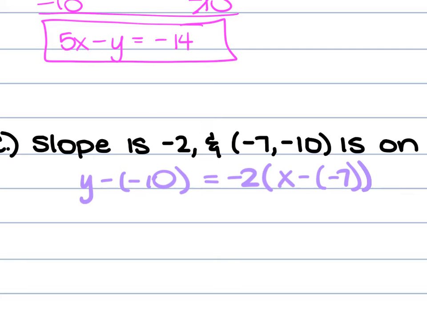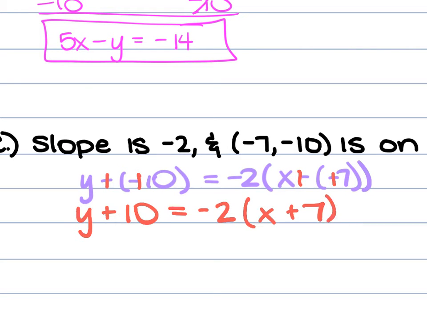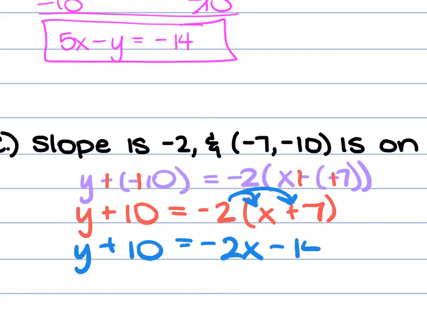So we are going to distribute those negatives. y plus 10 is equal to negative 2 times x plus 7. Distribute the negative 2. We have y plus 10 is equal to negative 2x minus 14.